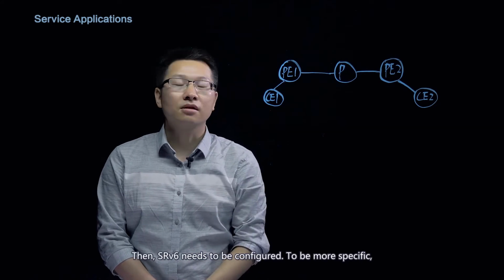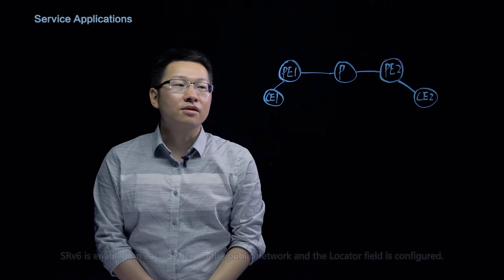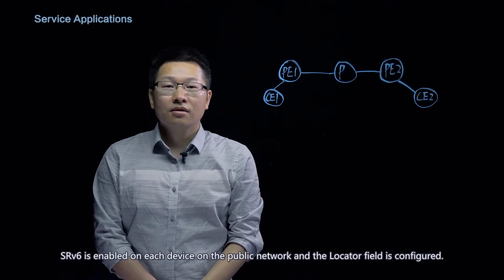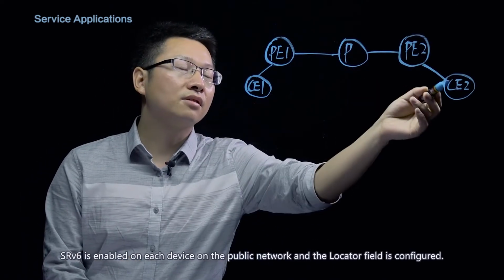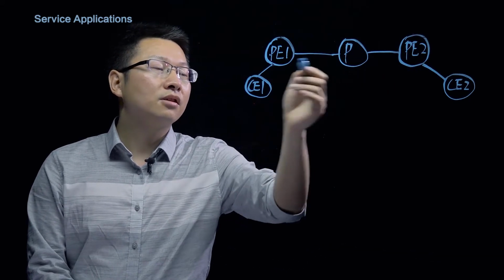Then SRv6 needs to be configured. To be more specific, SRv6 is enabled on each device on the public network, and the locator field is configured.